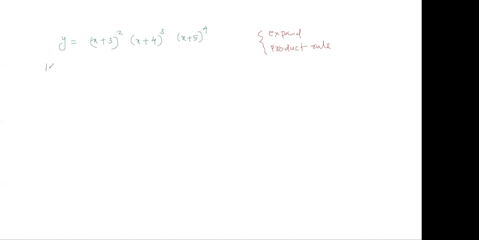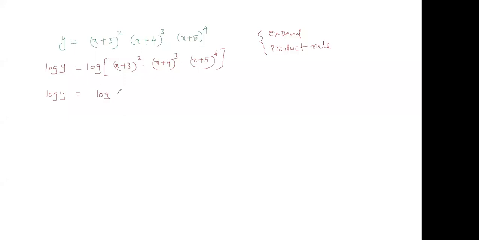Take logarithm on both sides. It is logarithm of (x plus 3) the whole square into (x plus 4) the whole cube into (x plus 5) the whole to the power 4. Now you can see the right side is the logarithm of a product. Logarithm of a product is the sum of their logarithms.